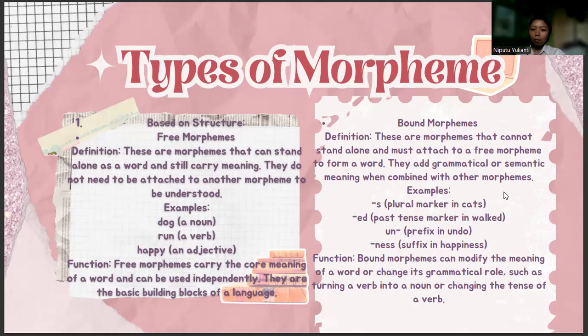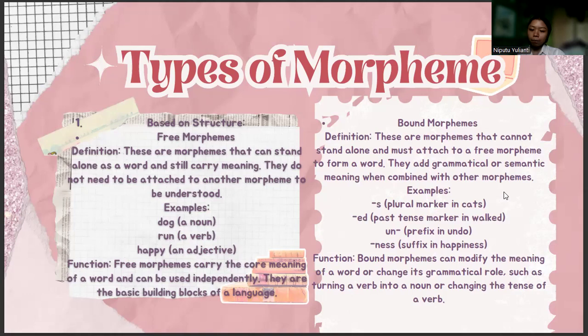Next, number two, bound morphemes. For the definition, they are morphemes that cannot stand alone and must attach to a free morpheme to form a word. They add grammatical or semantic meaning when combined with other morphemes.